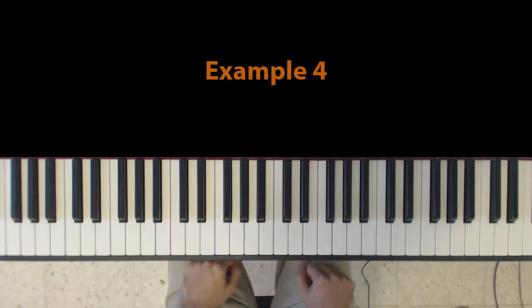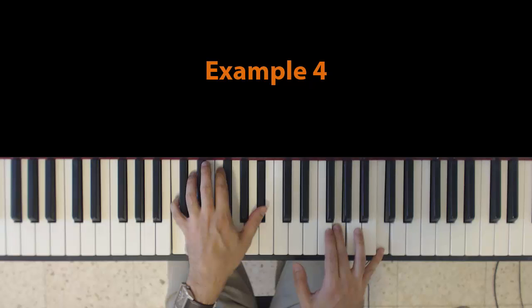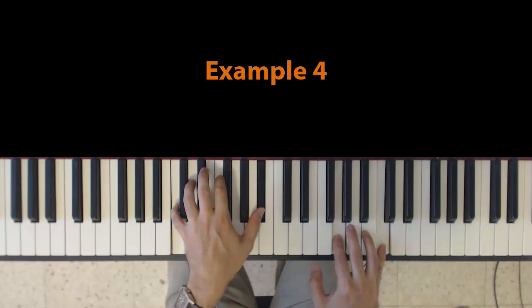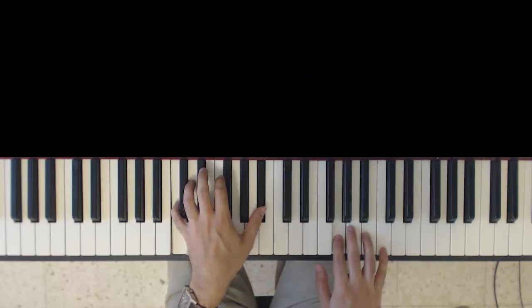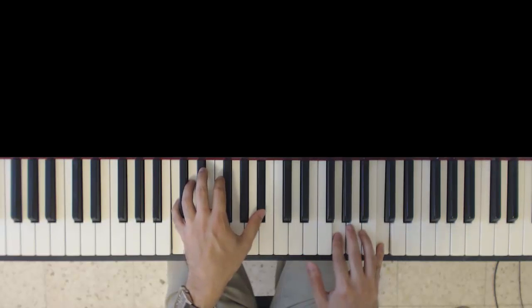Let's look at another example. Let's start with a C dominant 7. I'm playing a C and a B flat, and then in the right hand a G and a C. And I'm going to go down chromatically with these two notes.